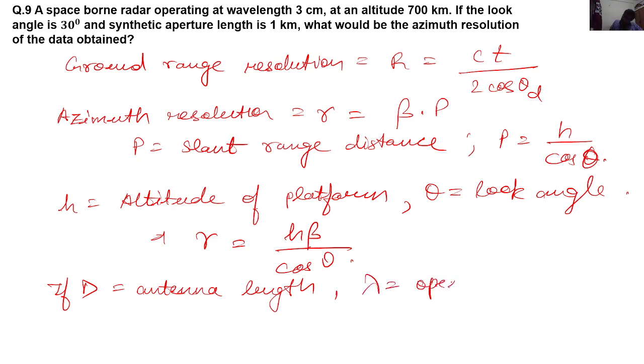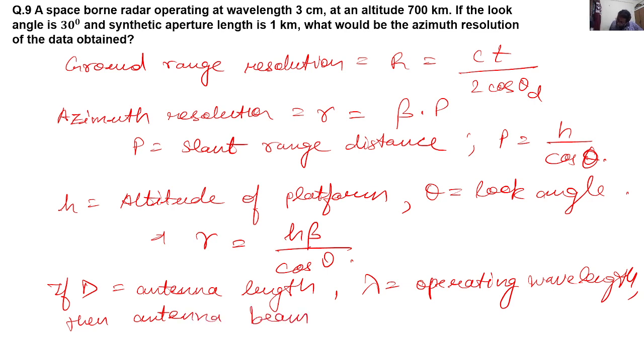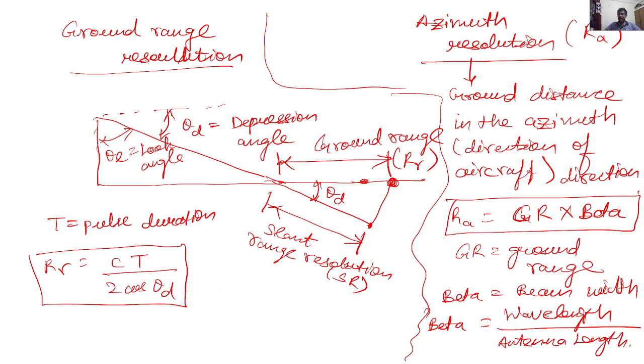lambda is the operating wavelength, and then the antenna beam width is, say, beta is lambda by d. We already did that in the previous expression, wavelength by antenna length.